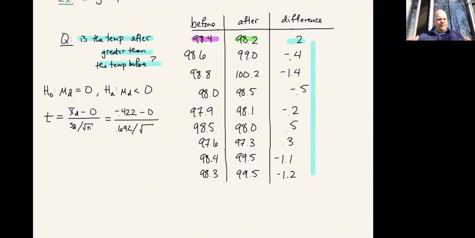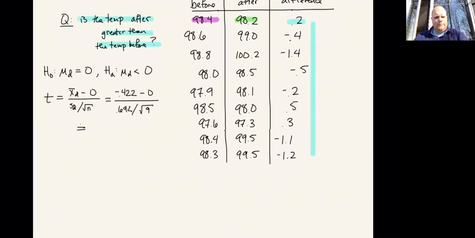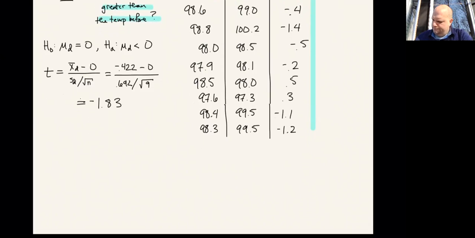And then we're going to divide by the square root of the sample size. And I have 9 people in this sample, like so. Okay, so if we compute that, throw that in your calculator, you should get minus 1.83, like so.